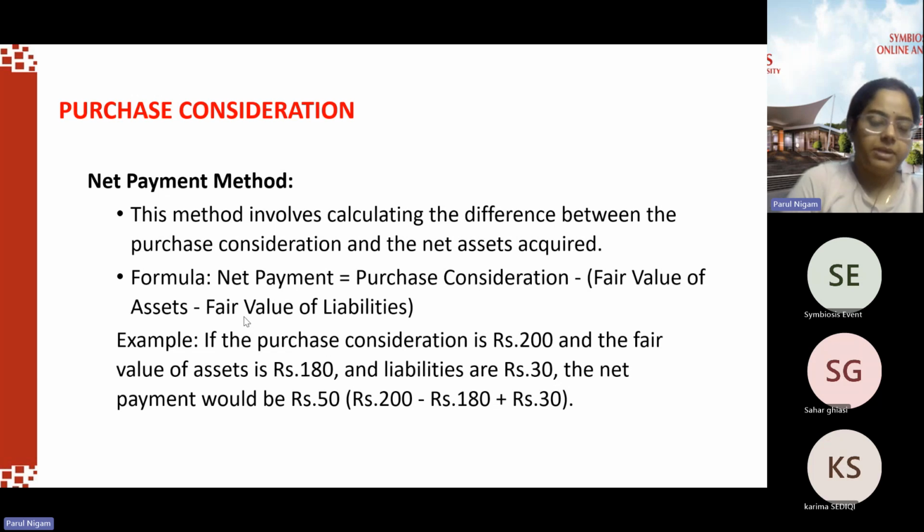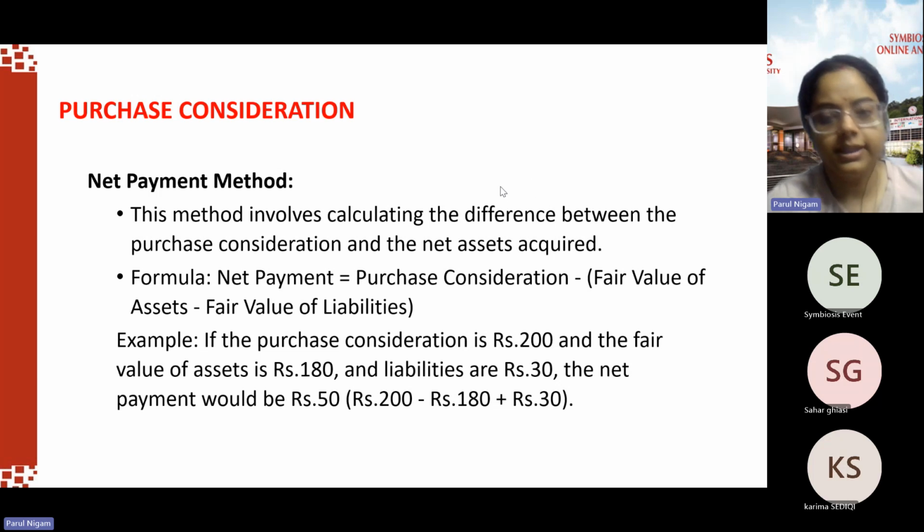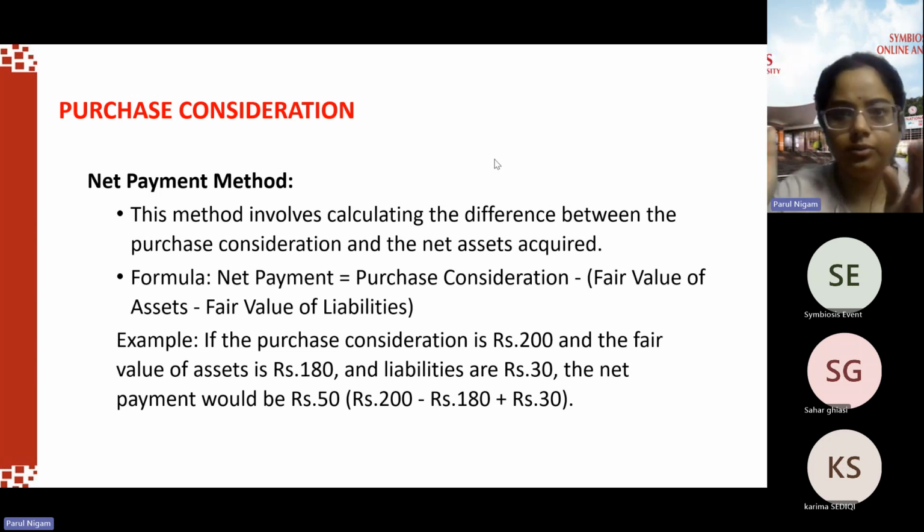Then there is the net payment method of purchase consideration. This method involves calculating the difference between the purchase consideration and the net assets acquired. So it can be purchase consideration minus fair value of assets minus fair value of liabilities. Okay. What is basically net assets? Net assets is total assets, fair value of assets minus fair value of liabilities.